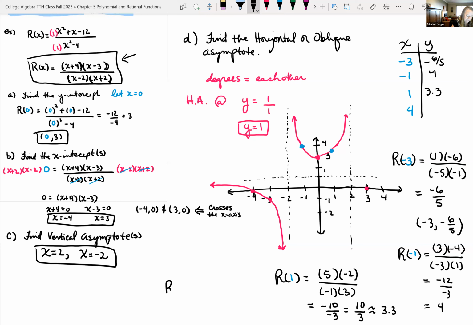If we plug in 4 into our function r of x, we get 4 plus 4, which is 8 for our first factor. 4 minus 3 is 1 for our second factor in the numerator. 4 minus 2 is 2 for our first factor, and 4 plus 2 is 6.